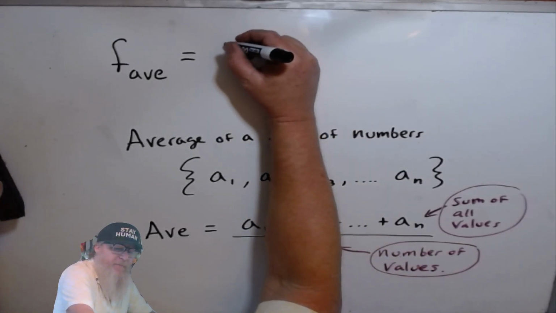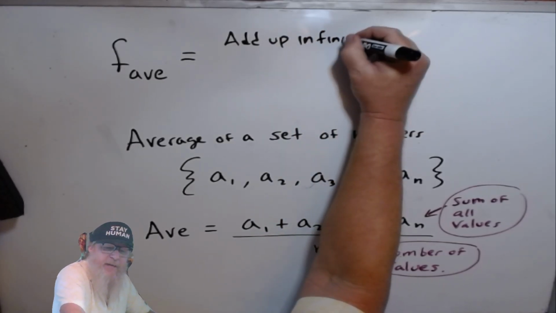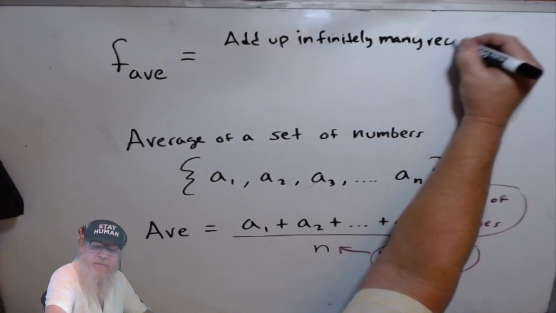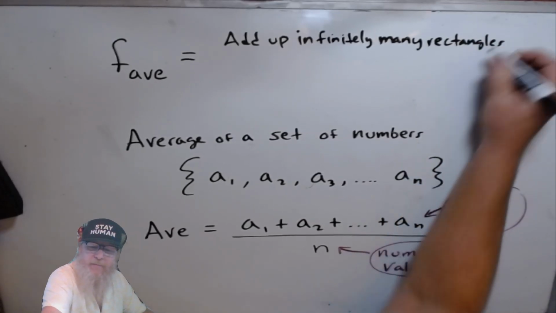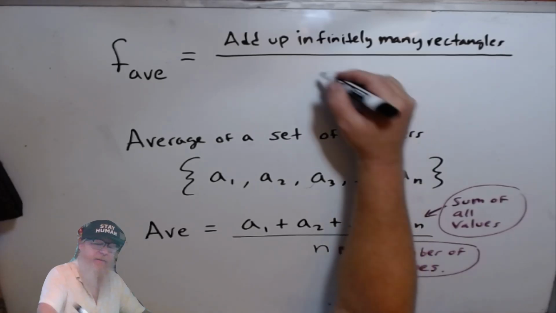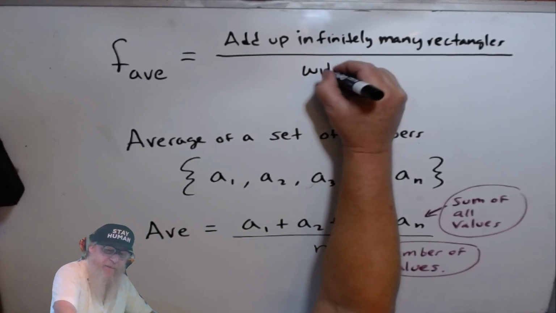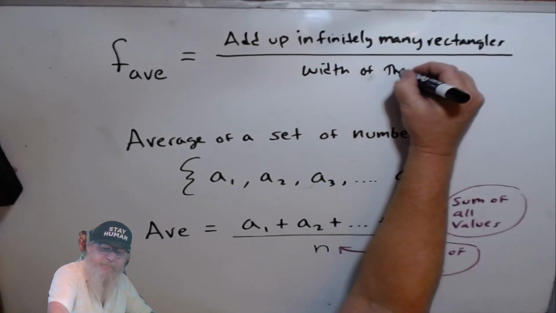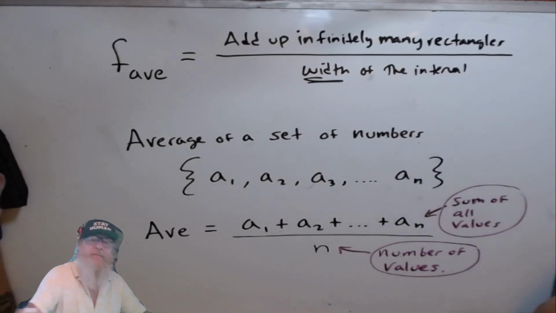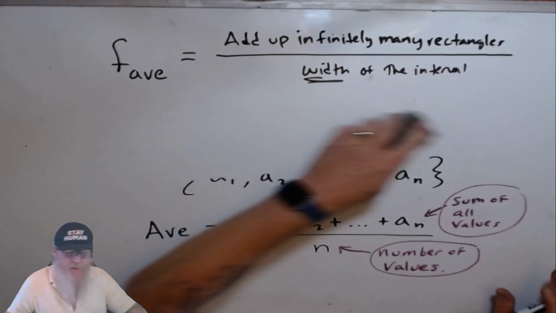We're going to add up infinitely many rectangles and then we're going to divide by the number of rectangles, by the width of the interval, which is kind of like the number of rectangles, but I'm going to say width. So this formula here will turn into this formula.